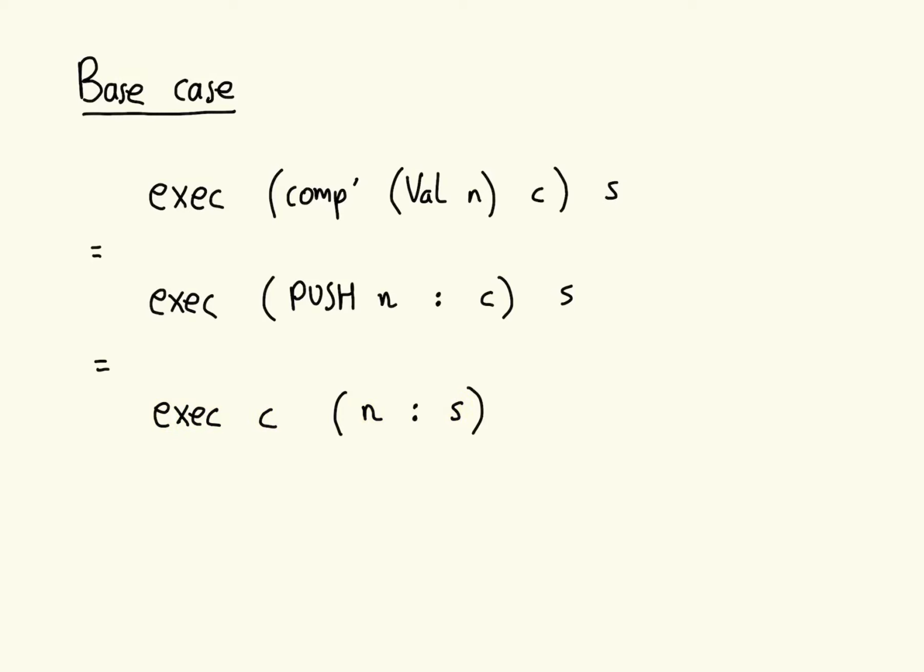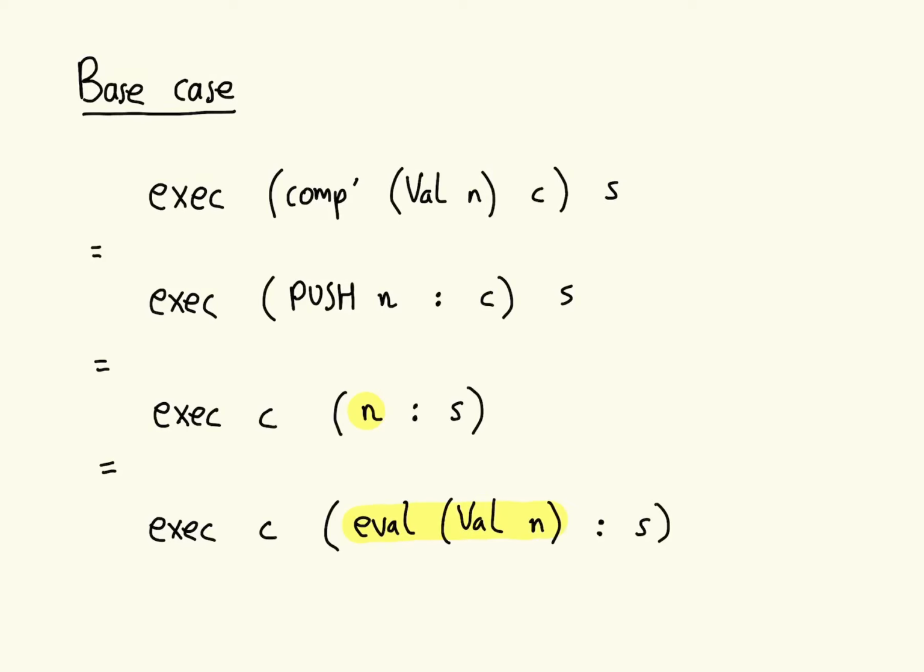And then in the final step, to reach what we want, all we do is unapply the definition of the evaluation function, and expand the n here into eval of val of n, which gives us exactly the term that we want: eval of val of n followed by S. So all I've done in the final step is unapply the definition of the evaluation function.